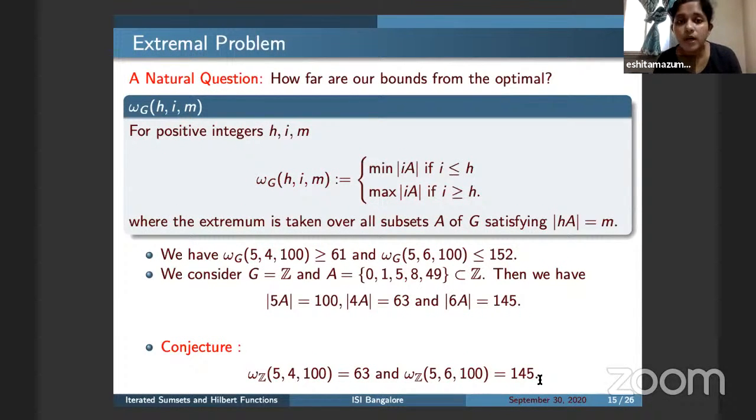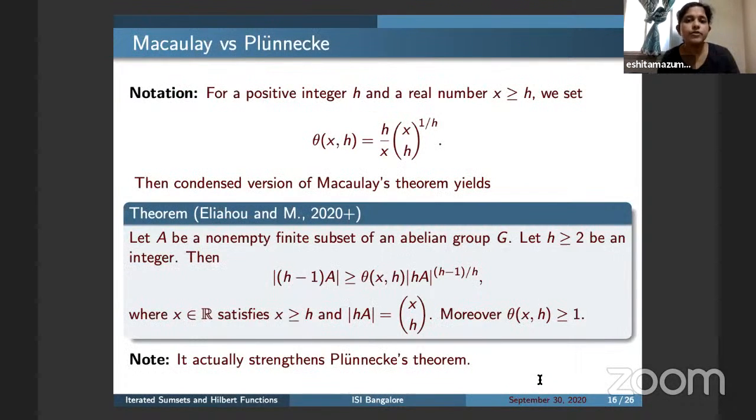Before that, I wanted to introduce a notion. If H is a positive integer and X greater than or equal to H is a real number, then I'm setting theta(X,H) as H by X into binomial coefficient of X choose H to the power 1 by H.